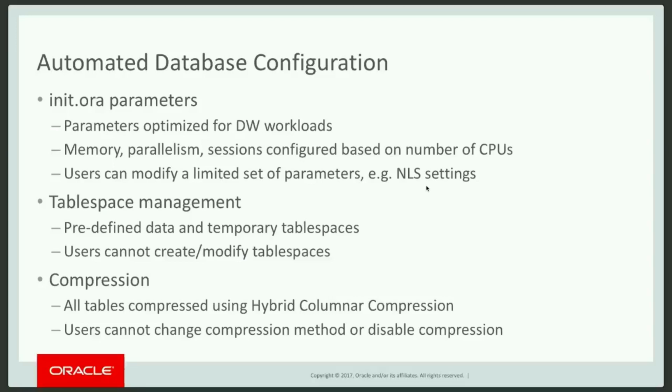What you can change, obviously, is the NLS settings. You'll have different national language setting requirements, and you can reconfigure those accordingly to suit your own language setting requirements. But everything else is pre-configured.